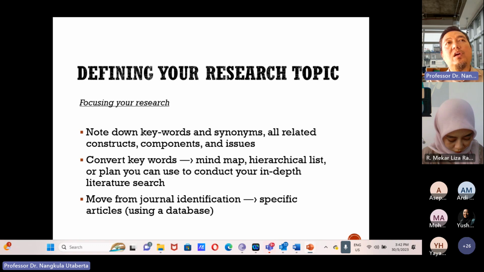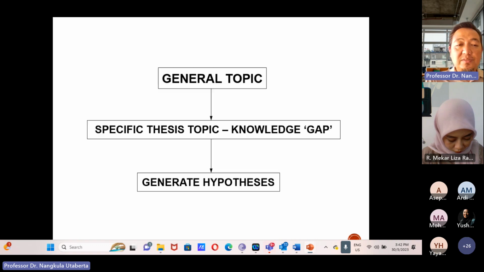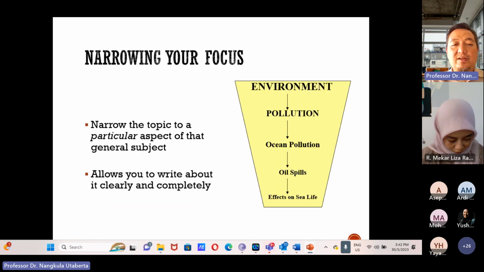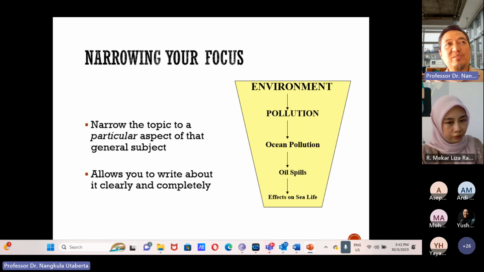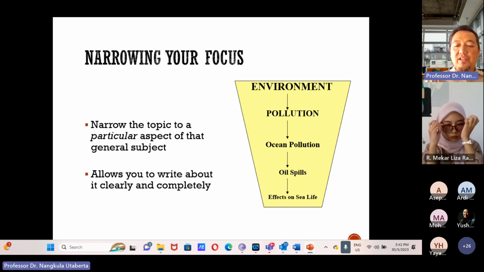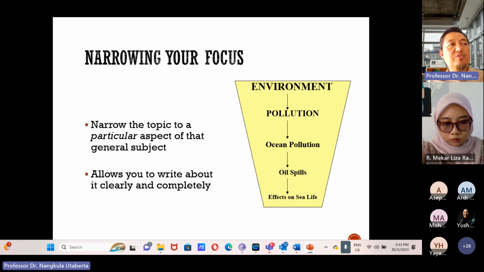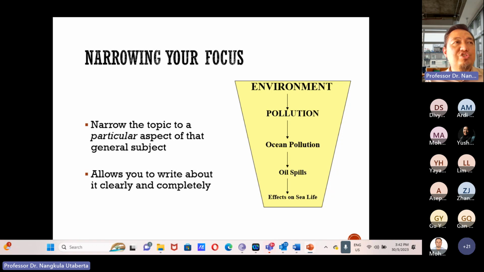So, for example, let's pick this one. The keywords are sea life, oil spill, ocean pollution. These are the three important keywords. When the student does the literature review, they have to give what is meant by pollution. Like noise is also pollution.